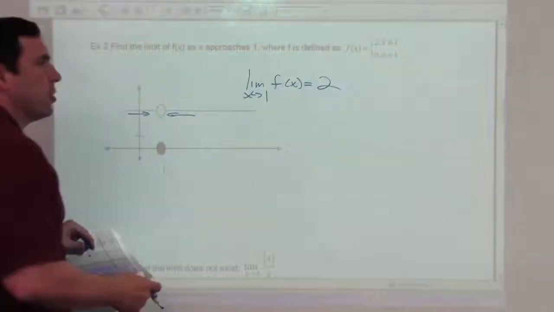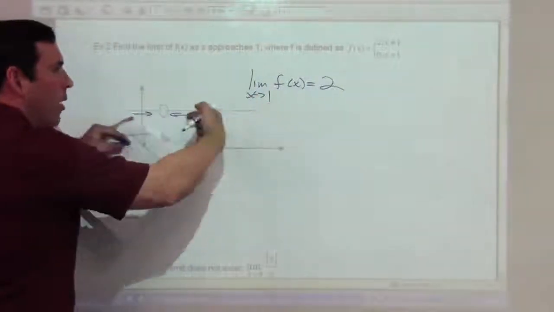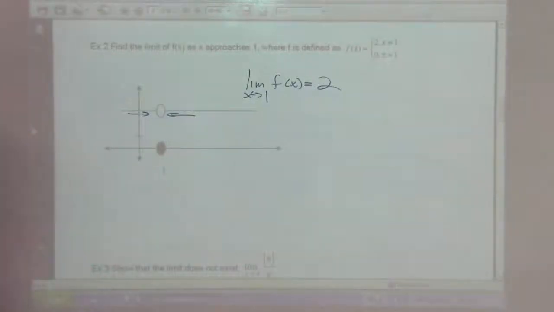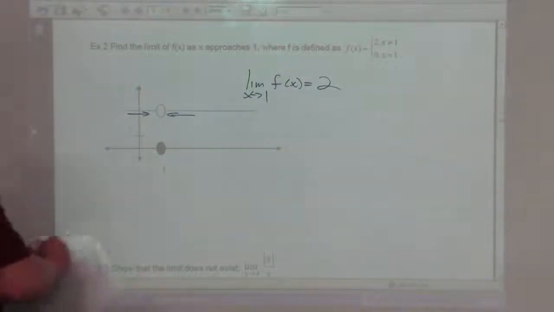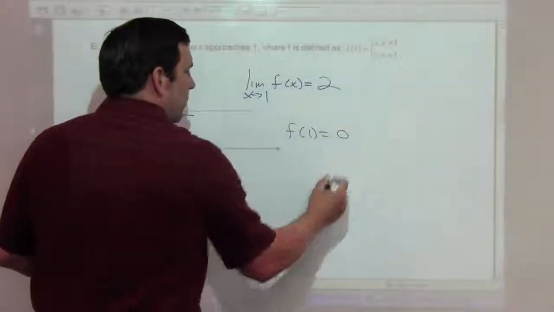So our limit is 2. And so we're not talking what is the defined value there, we're talking about what is the behavior of the graph as we get close to there. So that's saying the limit as x approaches 1 of f of x is 2, while f of 1 is just going to be 0.